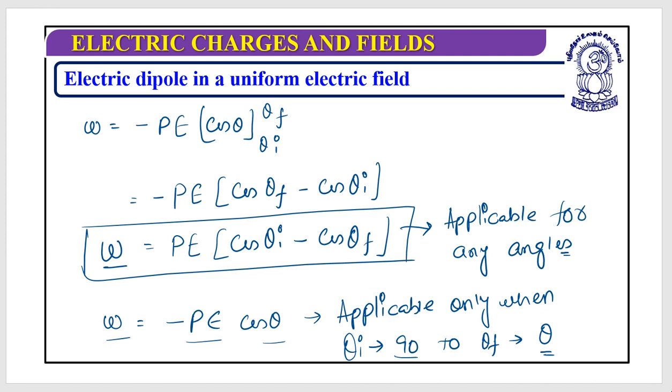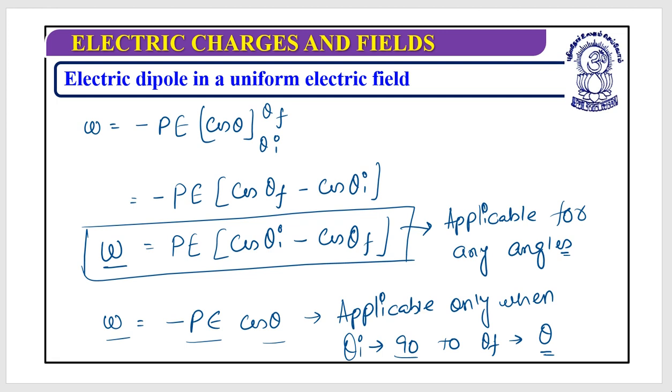So we have done two tasks. One, an electric dipole in a uniform electric field would have a torque; it would not have a net force, or the net force would be zero, but the net torque would not be zero. The net torque would be PE sin theta, and when it is rotated, a certain amount of potential energy would be stored in that dipole.